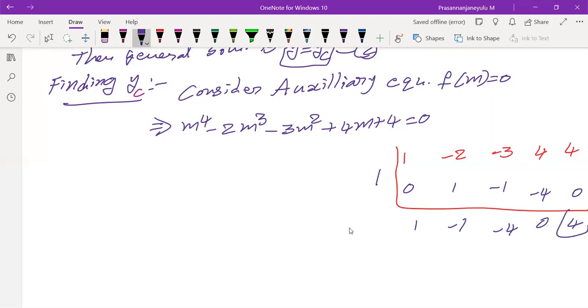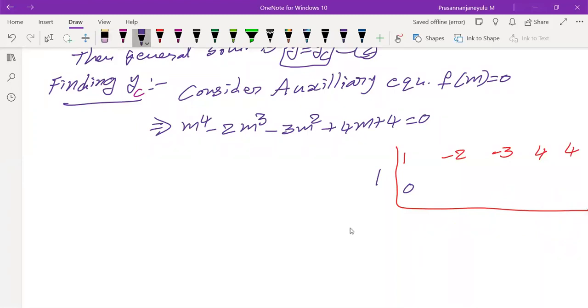Now can we say 1 is a root? No. Why is 1 not a root? The last value, the remainder, should be 0. Here we got the remainder 4. So because of that, we cannot take m equals to 1 as a root.